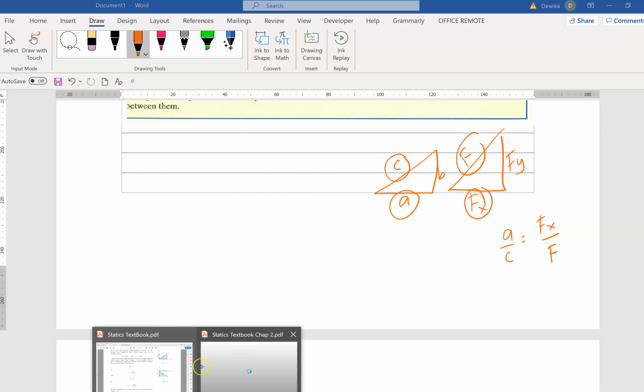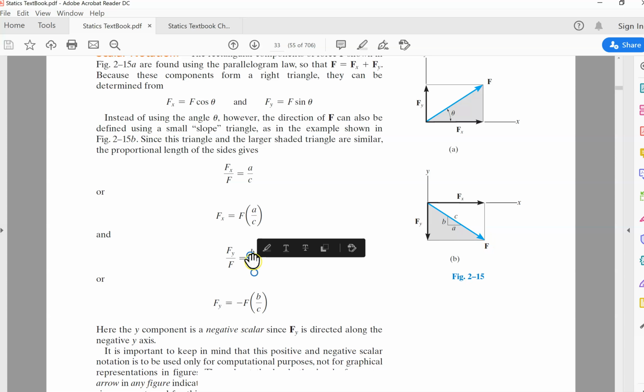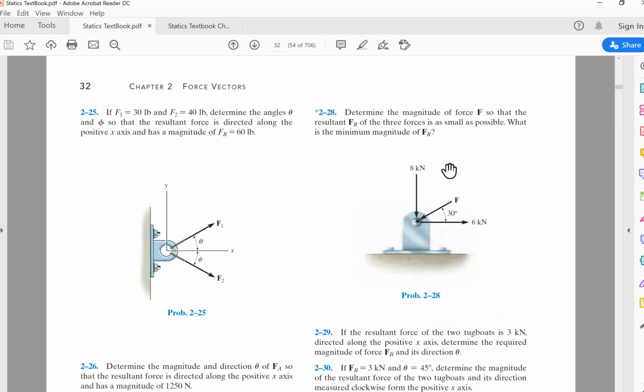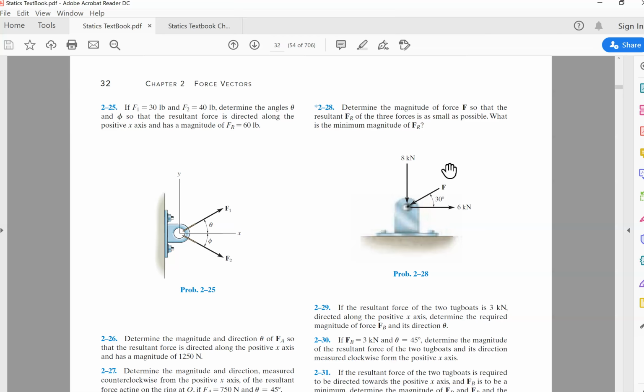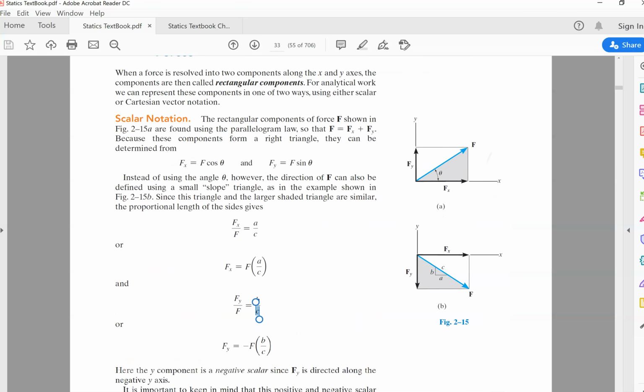Okay, so now let's go back to the textbook. So this is how it is. Of course B over C will be Fy over F. When you have negative and positive, you know how to do it, right? It's actually the same thing, but just changing direction. So we have done that.